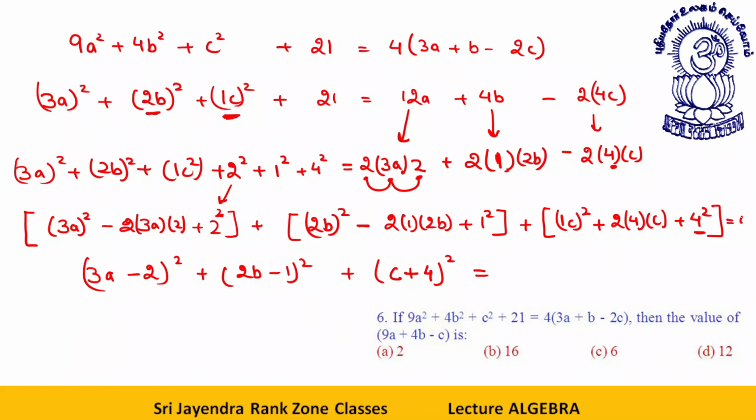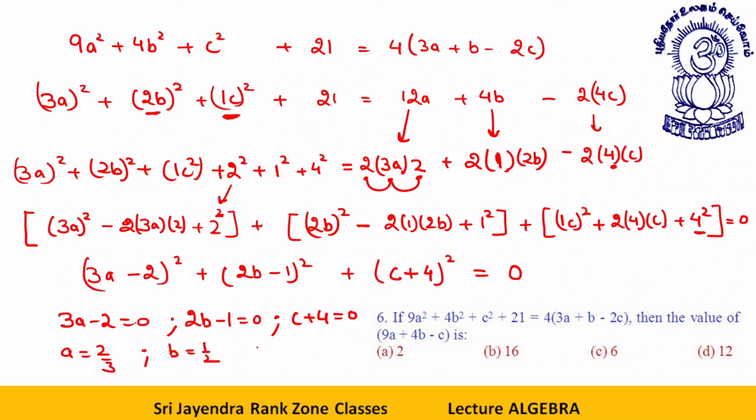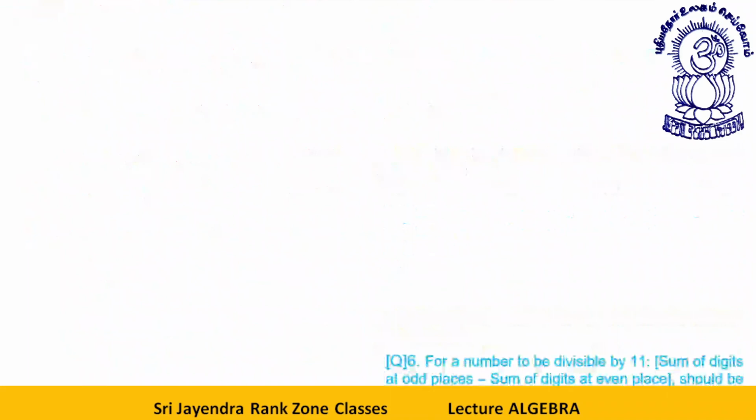Everything comes over here, this becomes 0 is equal to 0. That way 3a - 2 = 0, 2b - 1 = 0, and the last c + 4 = 0. This implies a = 2/3, b = 1/2, c = -4.